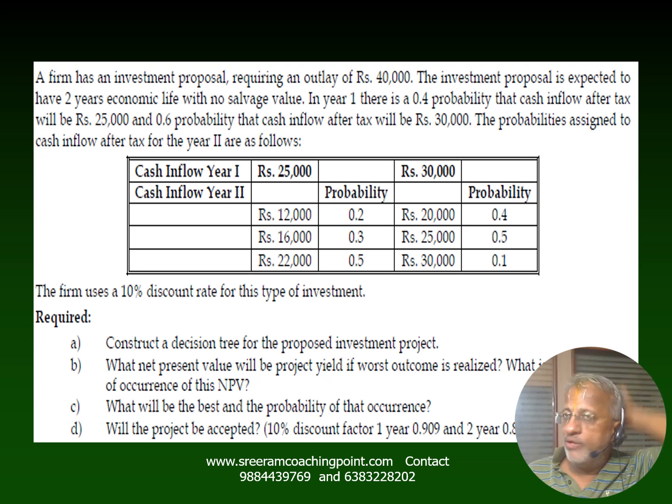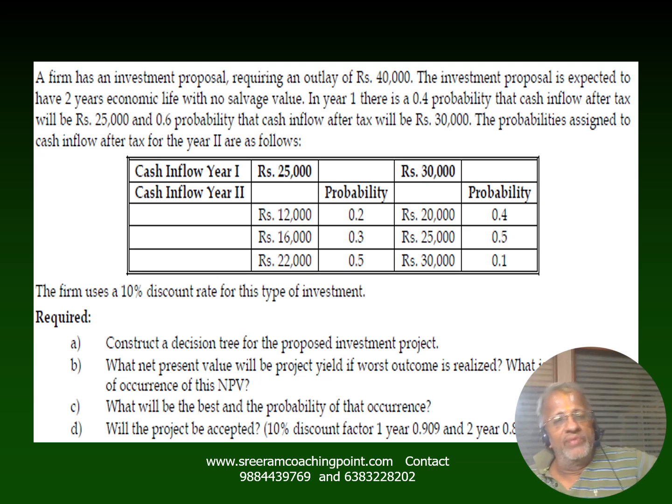So we don't have to waste time by taking 25,000 into PV factor and 16,000 with a separate PV factor. No. We would already have taken up our computation for 25,000 multiplied by the first year PV factor and 12,000 multiplied by the second year PV factor, and the next combination would result in only 4,000 as the increase.